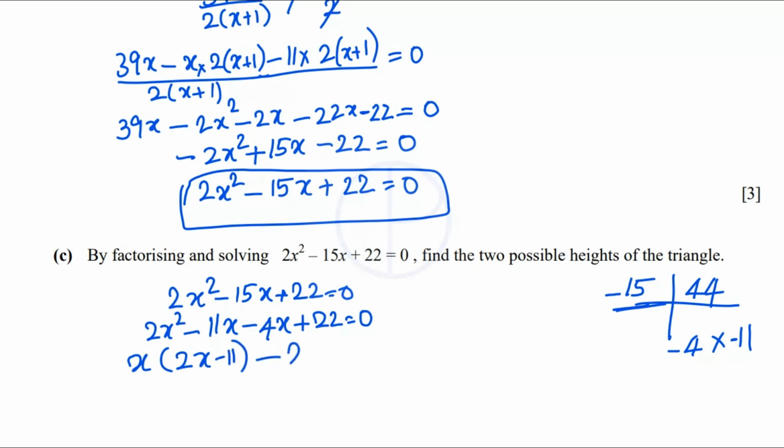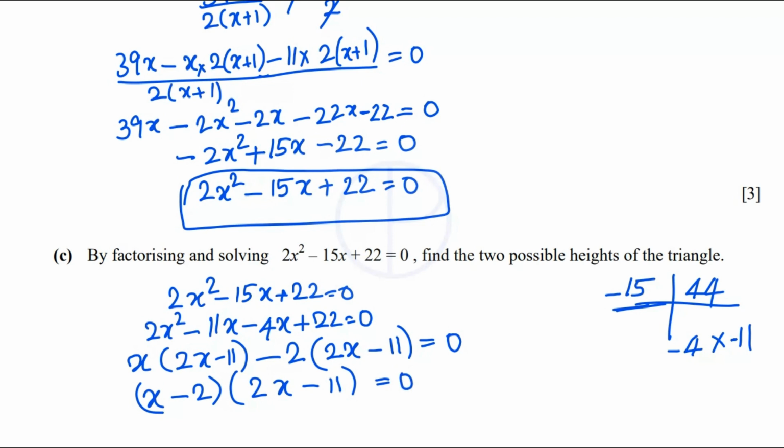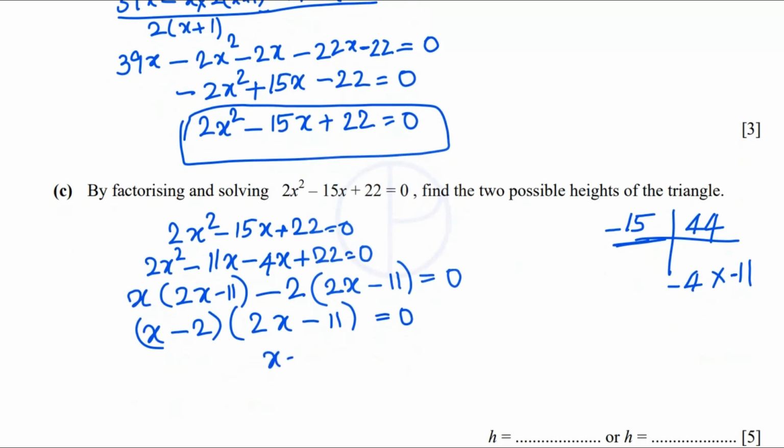And here you take 2 commonly, negative 2. So we get 2x minus 11 equal to 0. Now take x minus 2 multiplied by 2x minus 11 equal to 0. So x minus 2 is 0 or 2x minus 11 is 0. So x is 2, 2x is 11 or x is 11 divided by 2. Okay, which is 5.5.